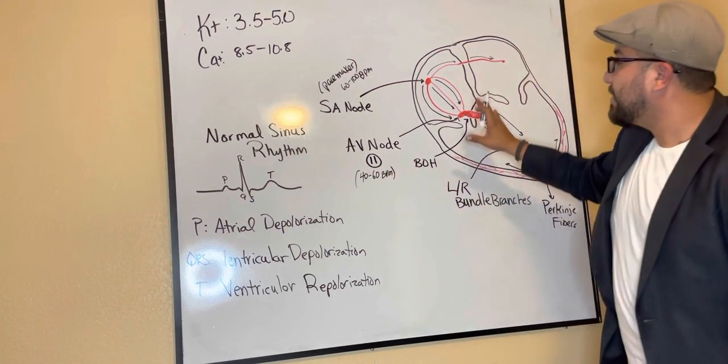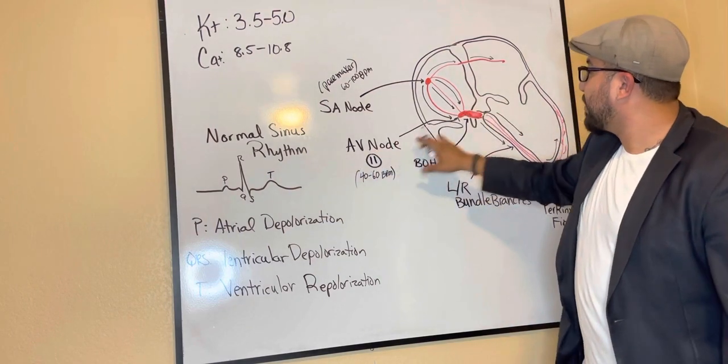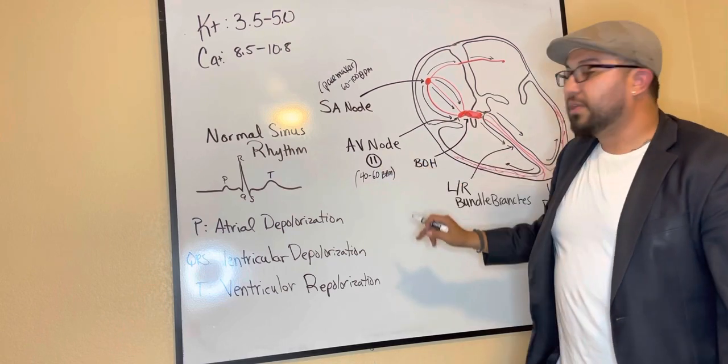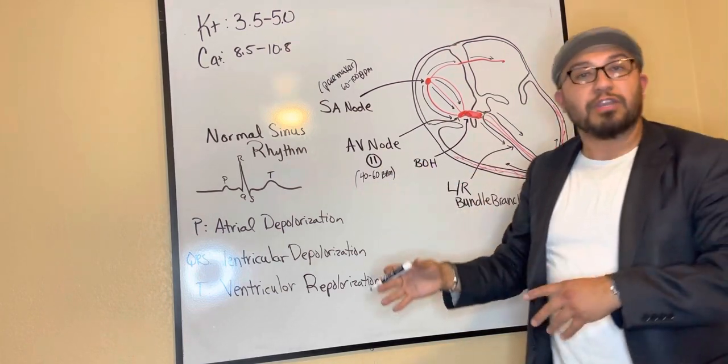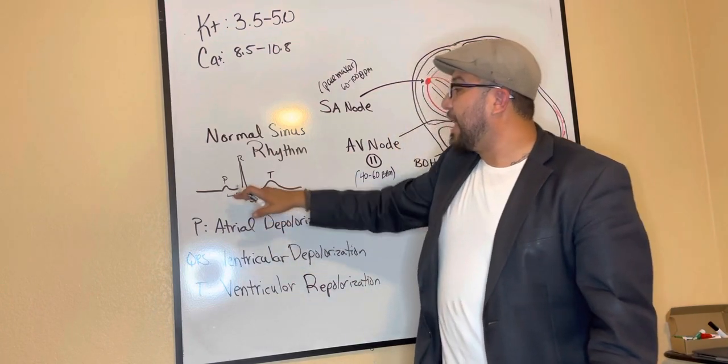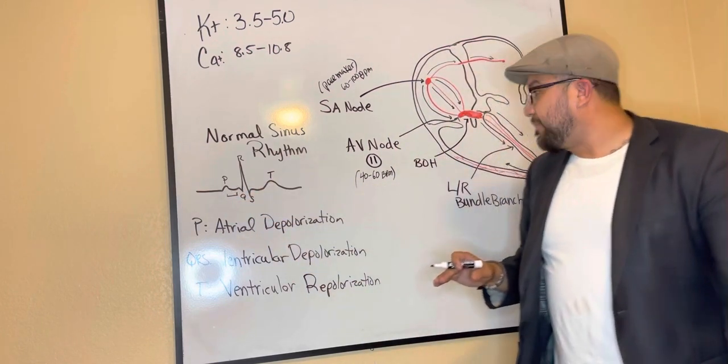Okay. Now, the AV node, the atrioventricular node, because it's between the atria and the ventricles, right? The AV node creates a pause, and this is correlated with the PR interval that I'm going to be discussing right now, but essentially, it's found right here, that little flat line between the P and the Q wave.